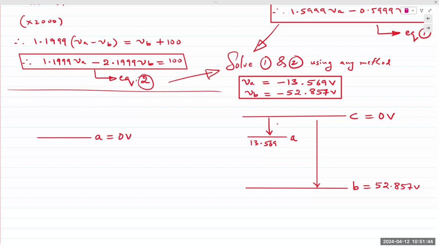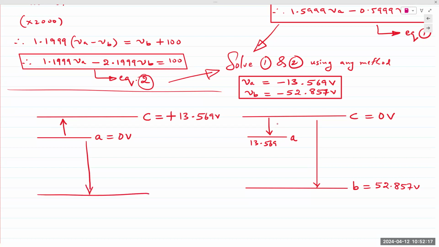The level of C will still be the same. But instead of down, you're now looking up. And C will have a value of 13.569 volts. So when I say the answers would be the same, the magnitude is the same, but VC was 0 for these students here, and VC is 13.5 volts for the students on the left, as an example. VB would be completely different, about 39.398 volts.